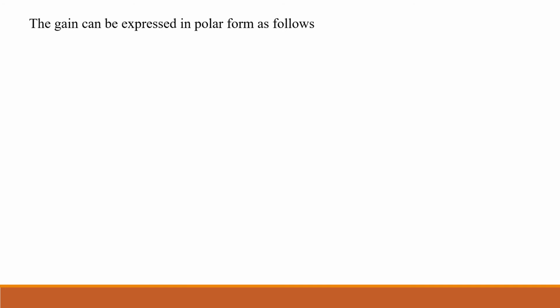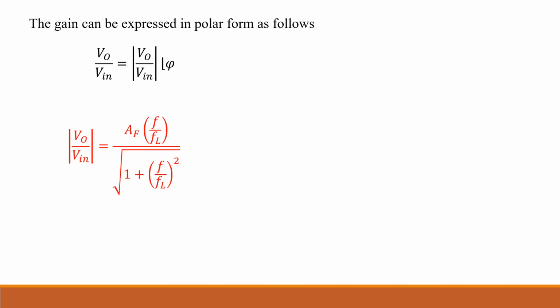The gain can be expressed in polar form, in magnitude and angle. The magnitude of the gain, the magnitude of V0 by Vin, will be equal to AF times f by fL divided by the square root of 1 plus f over fL whole squared.